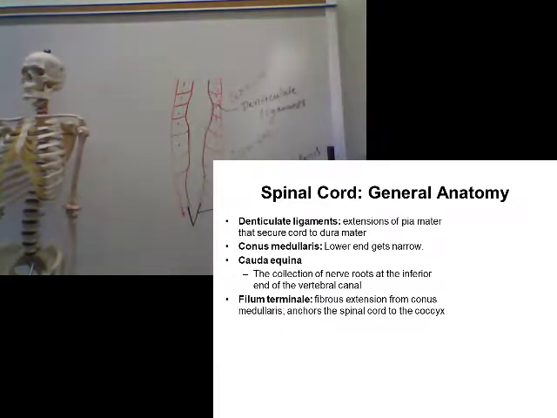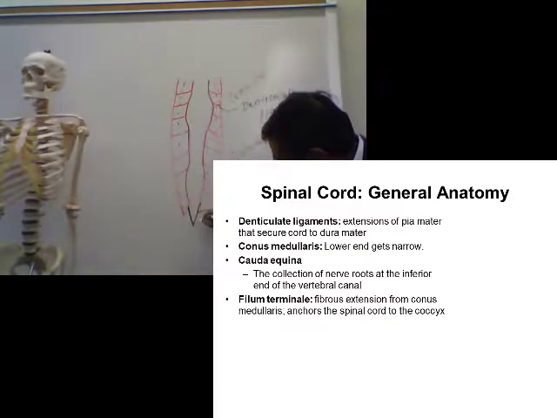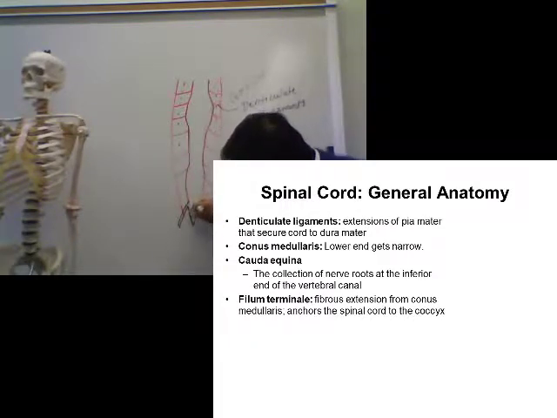Okay. Lower conical or cone shaped end of the spinal cord. Then from the lower end, many nerve roots, these are called spinal nerve roots, arise like this.